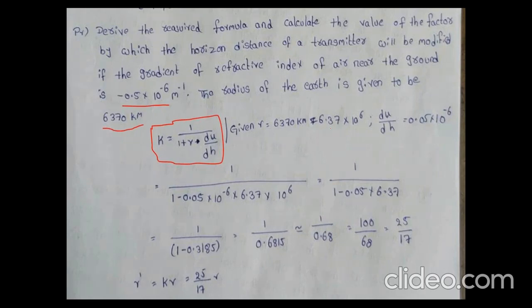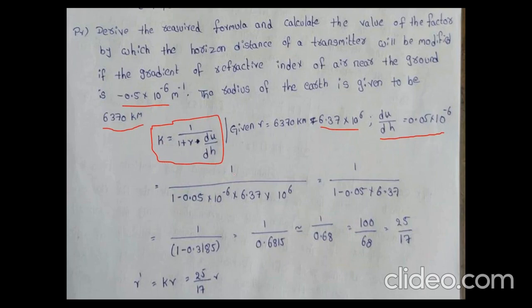So 6.37 into 10 power 6 after converting kilometers into meters is the radius of the earth, and du by dh is given as 0.05 into 10 power minus 6. Here this is the refractive index gradient given, and that is nothing but du by dh.